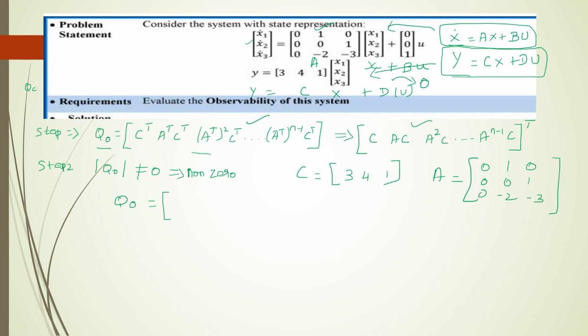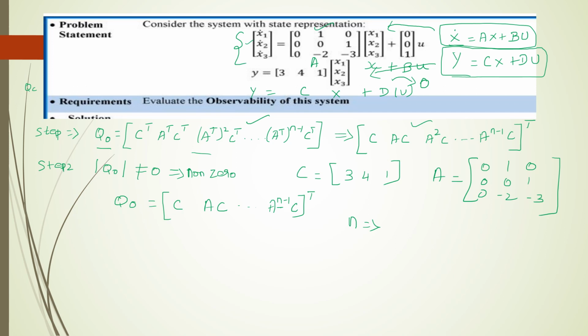So now what we need to do? We need to form the QO matrix by finding C, CA, and it goes on up to A to the n minus 1 C, the whole transpose. Now we need to find what is n here. We already saw in the previous video how to find n. n is nothing but the order of the state variables, that is, the number of state variables.